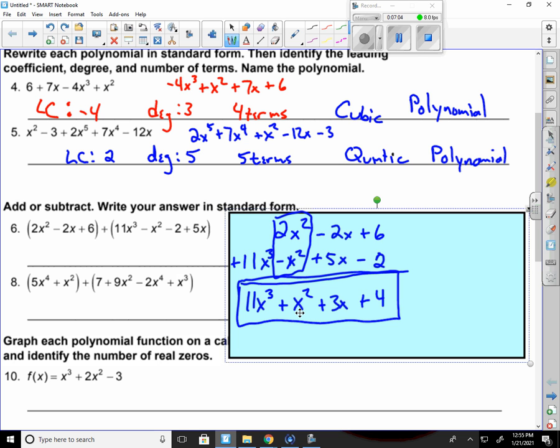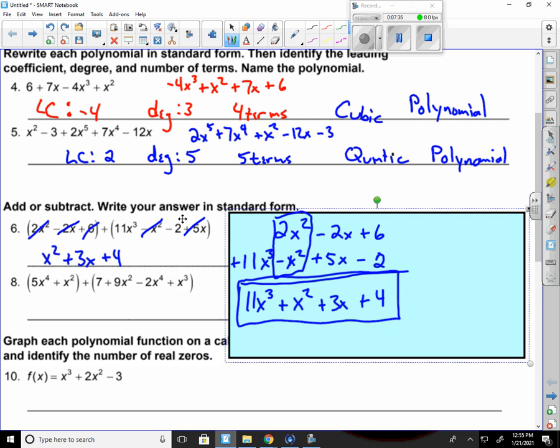The other way I could do this would be to just start looking at it right away. 2x squared, look for an x squared over here. 2x squared minus x squared gives me x squared. Once I've tackled that, I cross those out. Negative 2x plus 5x gives me 3x. Once I've tackled that, I cross those out. 6 minus 2 is 4.